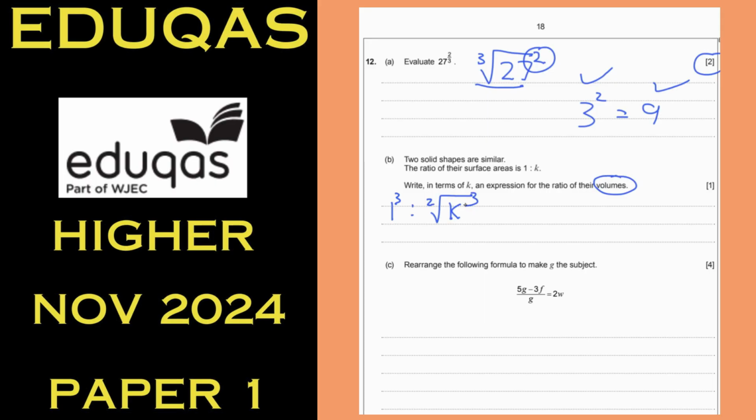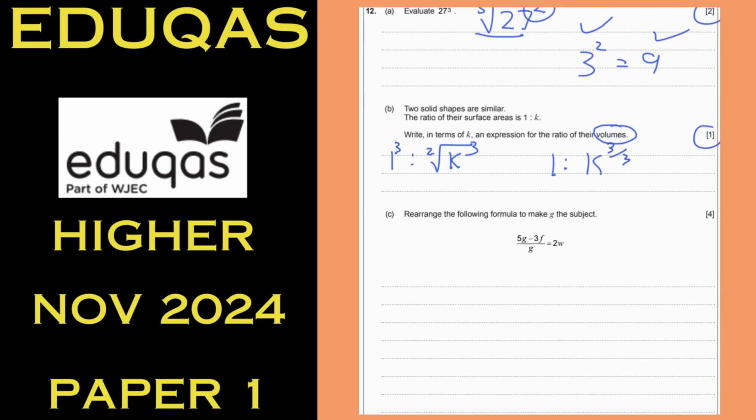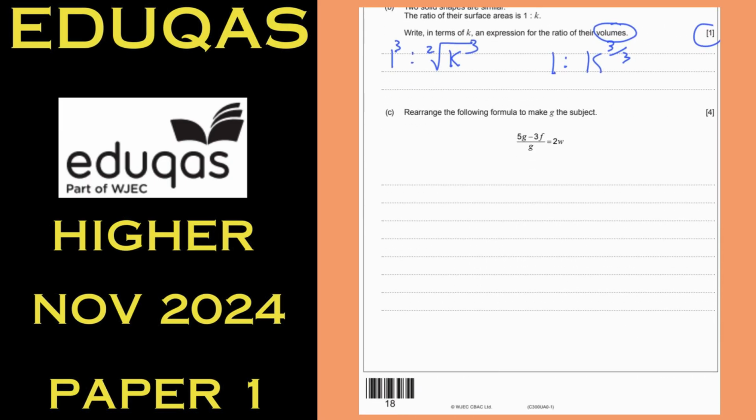Write in terms of k an expression. Well, folks, that's the right answer. You can leave it like that. Or, if you've tidied up the 1, and maybe you've looked at part A, and you've tidied up the k to be 3/2, no one cares. It's only worth 1 mark. You've earned your 1 mark for either of them.